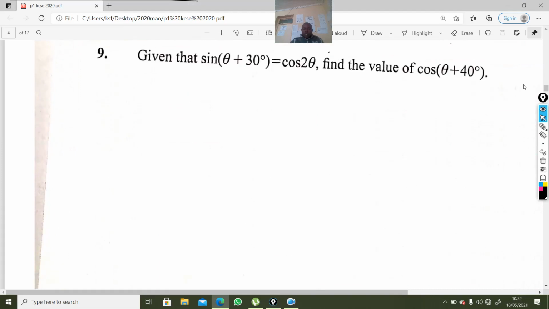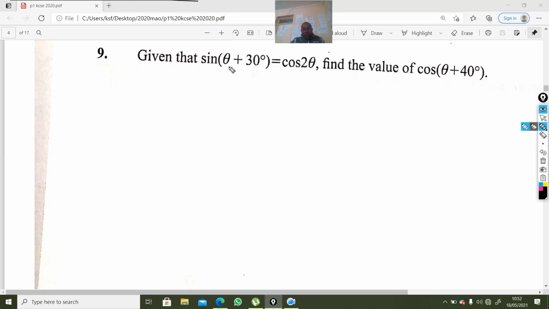Question number 9 is talking about: given that sine of theta plus 30 equals cos 2 theta, find the value of cos of theta plus 40. The first thing you need to understand is that you are dealing with complementary angles, and complementary angles add up to 90 degrees.